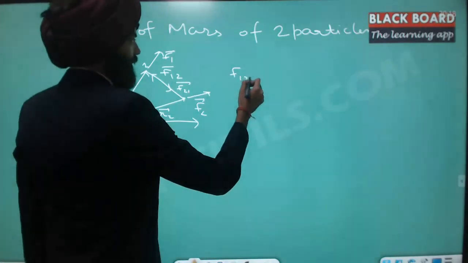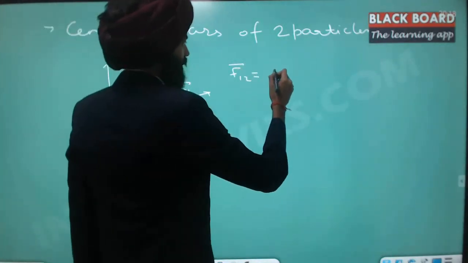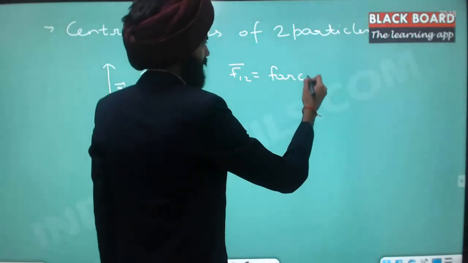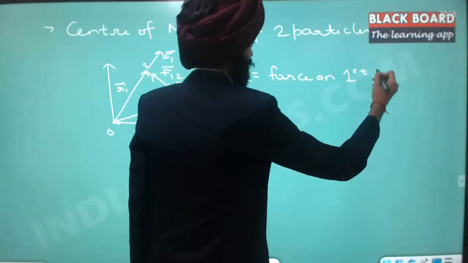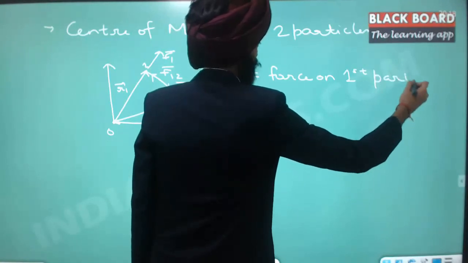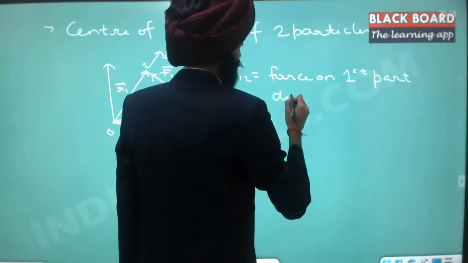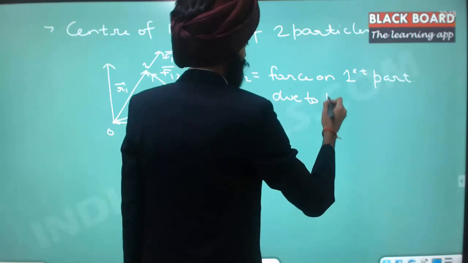F12 is nothing but the force on the first particle due to the second.